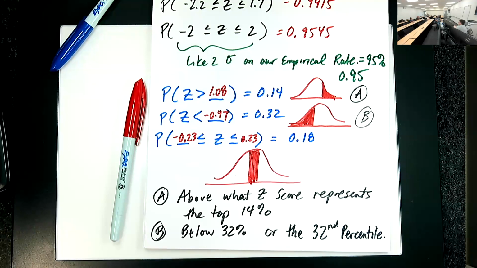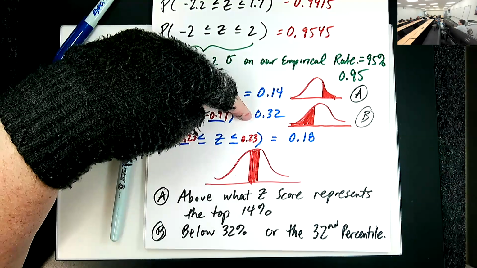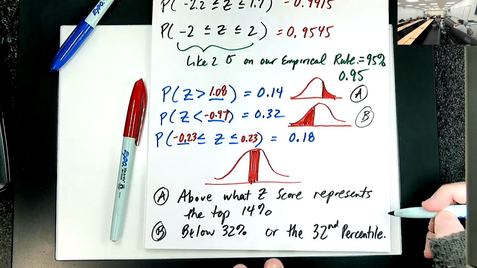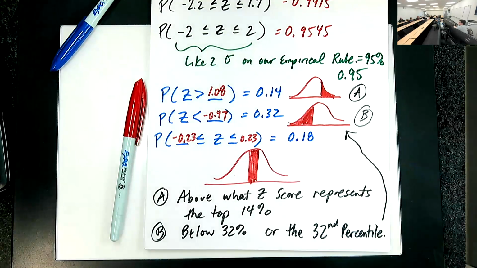So if they ask you for a percentile, they'll say like what z-score represents the 32nd percentile. What you're wanting to do is this. Put in 0.32 and find what z-scores spit out.